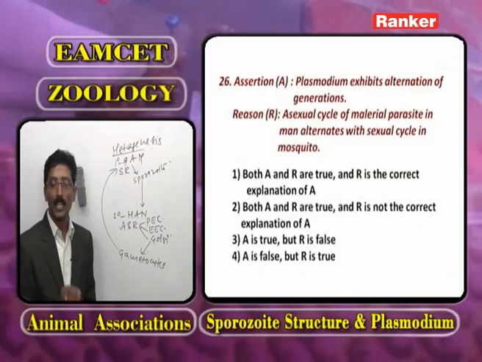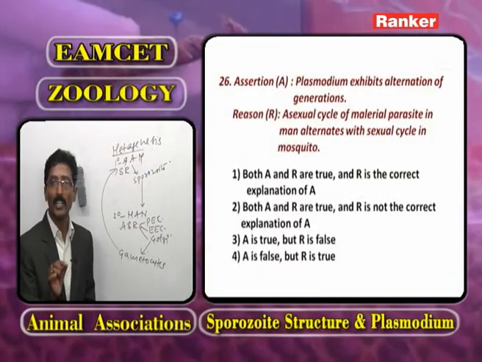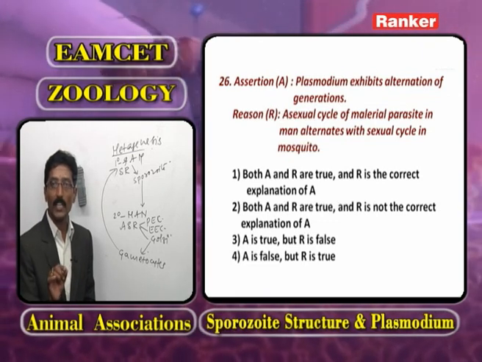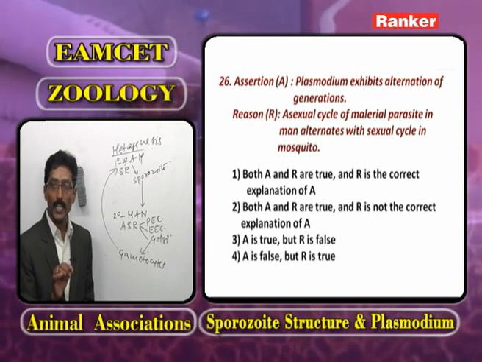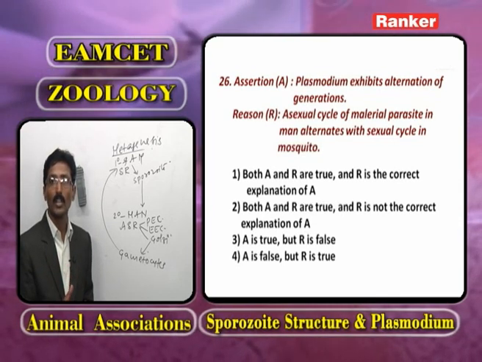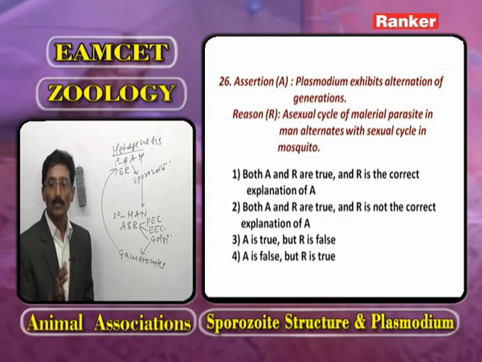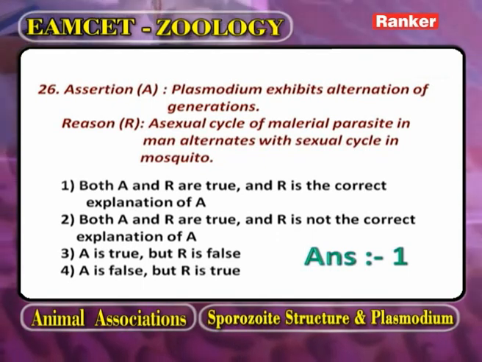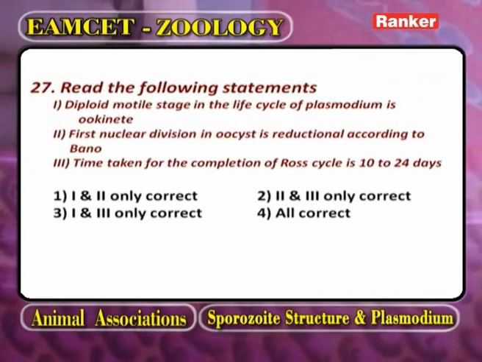The assertion, Plasmodium exhibits alternation of generations, is correct. Reason: the asexual cycle of Plasmodium in man alternates with the sexual cycle in mosquito. So what is the correct answer? Both are correct and the reason explains the assertion, A. Now we go for the next question.